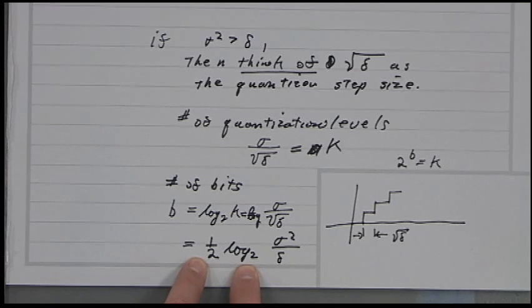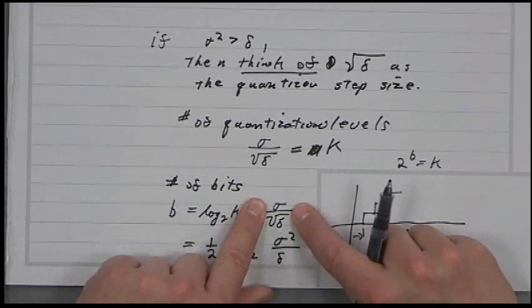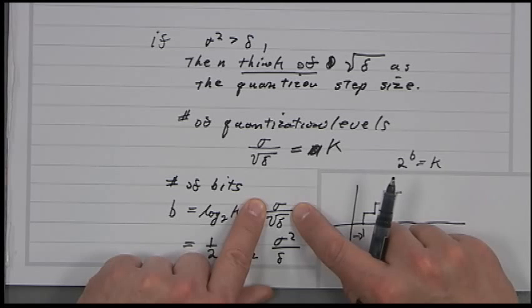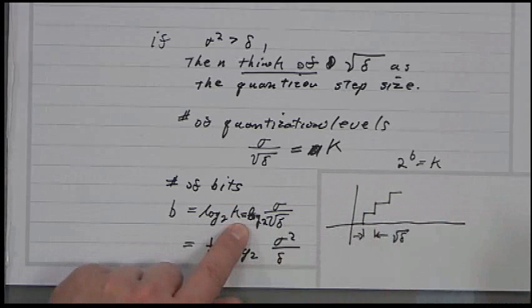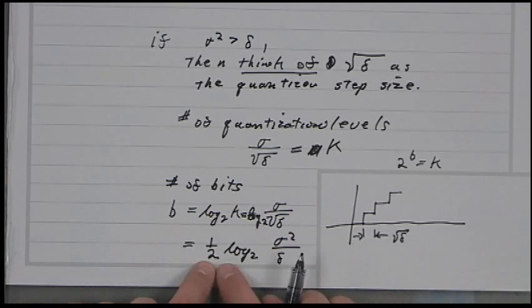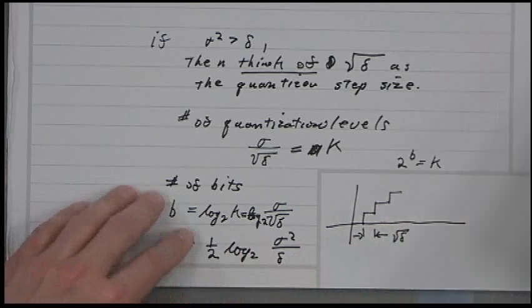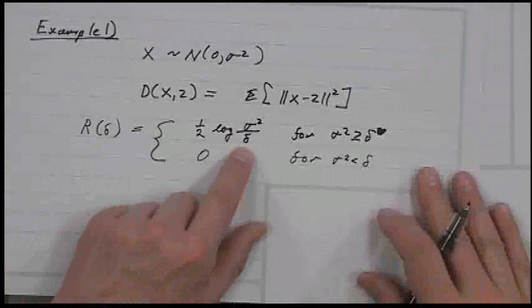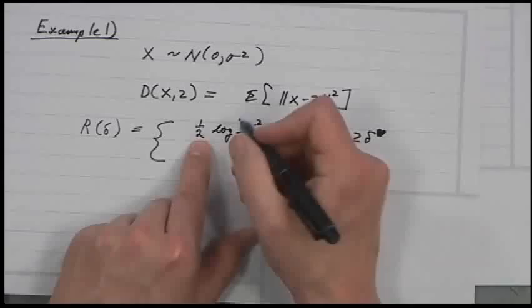Is that clear? Do you want me to do that again? The ratio of sigma to delta is the number of quantization steps. The log base 2 of that tells me how many bits I need. So if I divide by 2, then I can square the argument here. If I take sigma squared over delta, take the log and multiply by 1/2, and this should be base 2.